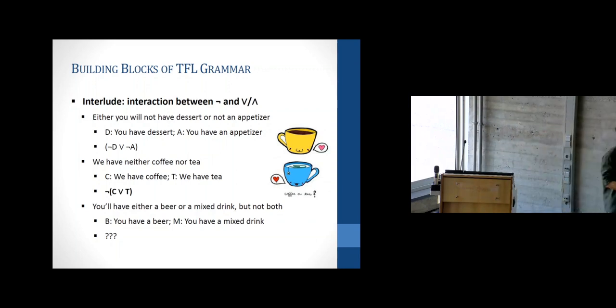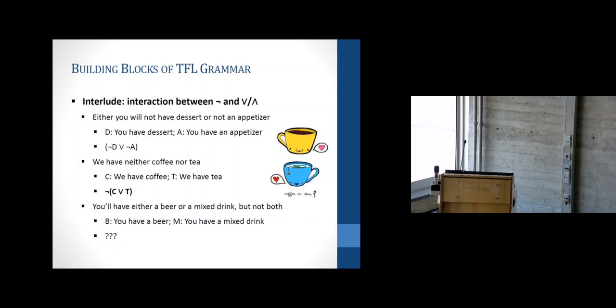Logic is nice because if this confuses you a bit, it's okay also to read this as saying, I don't have coffee and I don't have tea. And what is the relationship between this and this? This is a topic that we will learn soon in the next lectures.